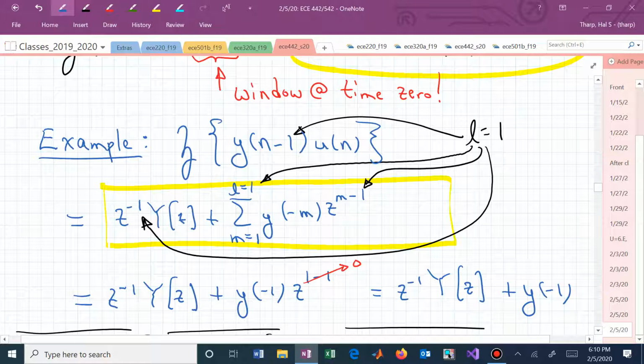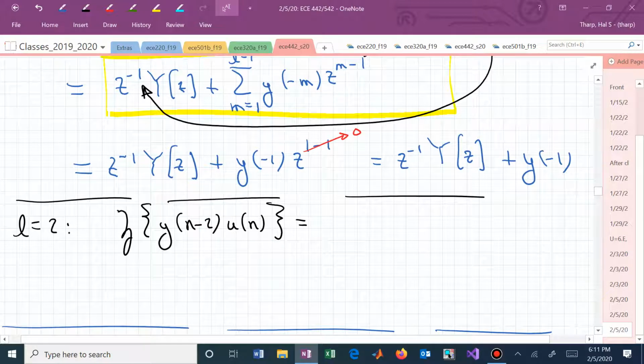Because of that offset between when we switched it on and how much delay we actually had. We had a delay of 1, but we switched it on immediately at n equals 0. And so that y in the sequence at n equal to minus 1 shifted over, and it was on top of n equals 0. And that's now where we're trying to z transform from.